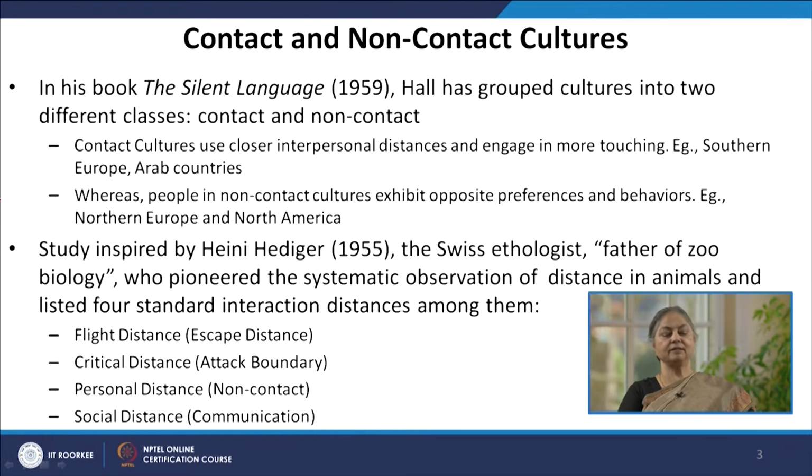He has named these distances as flight, critical, personal and social distances, and Hall had drawn a lot in his study on the four zones which human beings maintain with each other. However, the aspect of cultural dimensions of proxemic behavior is something which can be credited only to him.